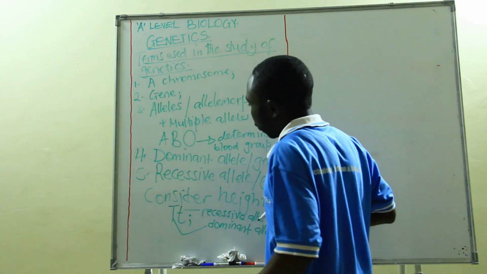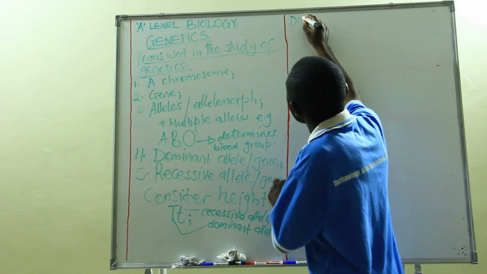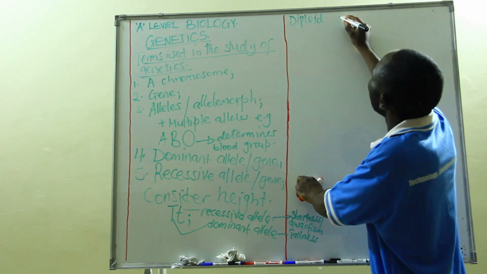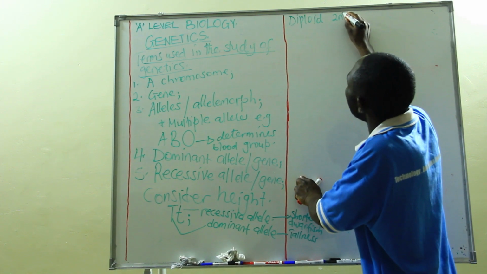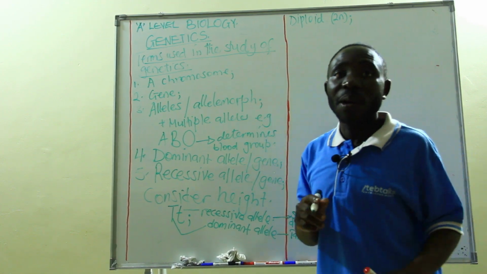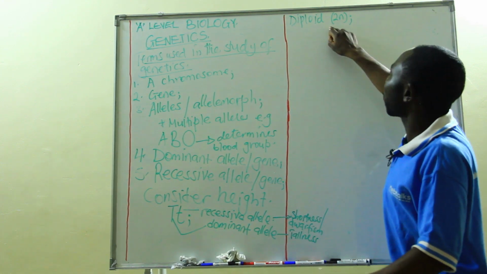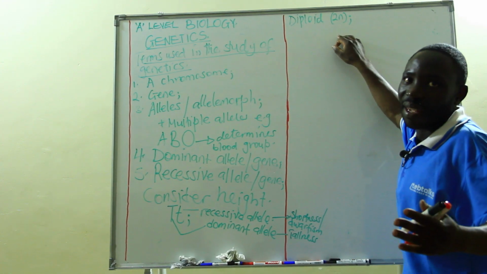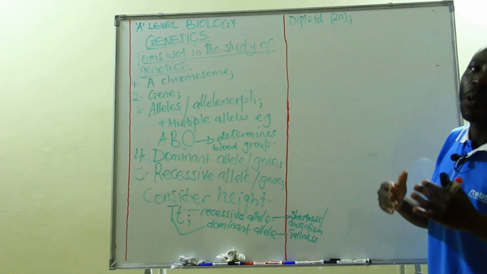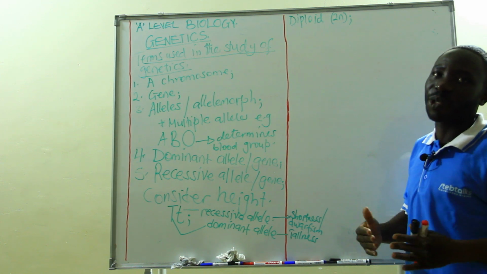Now, the other terminology is diploid, which is denoted as 2N in biology. We can also call it diploid state. Diploid condition simply means a description of a cell which possesses two sets of homologous chromosomes.